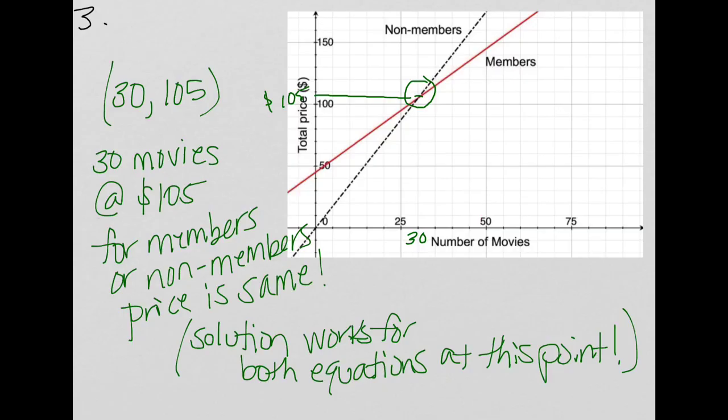All right, and on this one, remember we were talking about, we're just making this up because it didn't have a title to the graph, but maybe this is about whether or not it's a good idea to be a movie member in some kind of discount club. And so if you look, just generally speaking, at where they cross, if you look down here between 25 and 50, this would have to be 30, 35, 40, 45, 50, so we're going to say that the x value is 30.